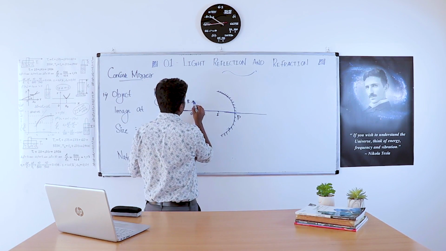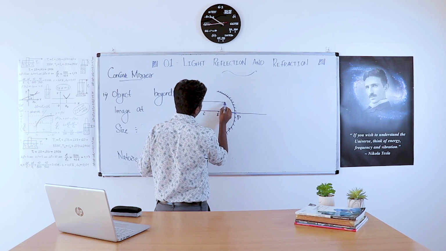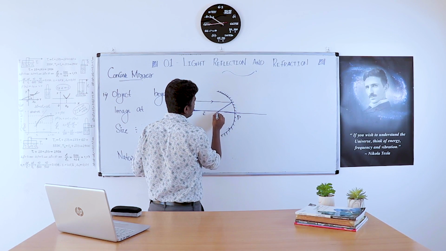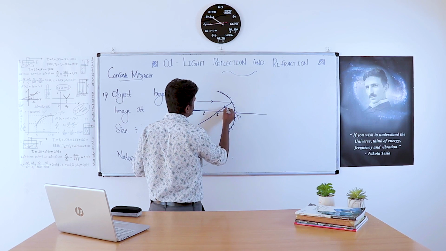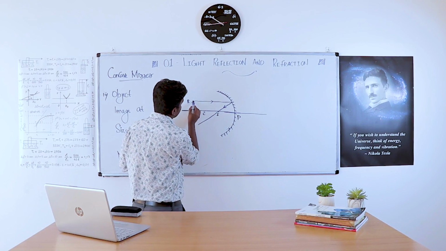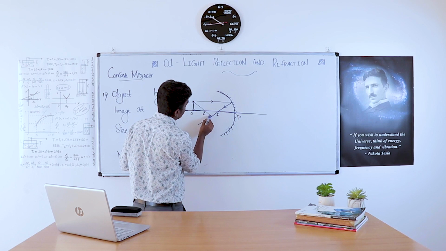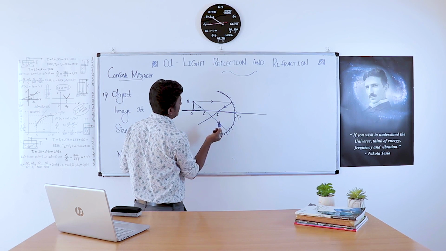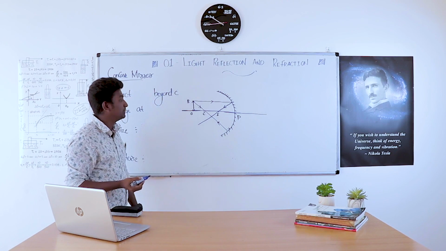So a ray of light first coming parallel to the principal axis, after reflection from the mirror, passes through the focus. Second, a ray of light passing through center of curvature after reflection retraces the same path.